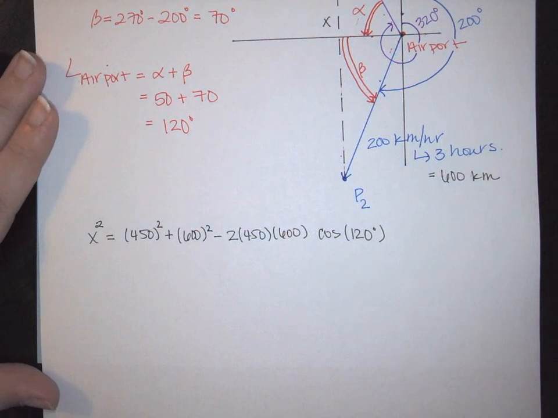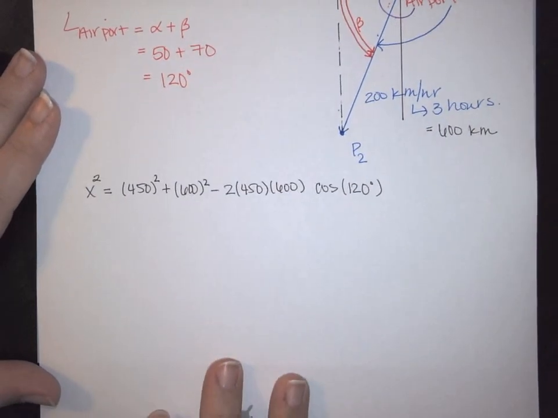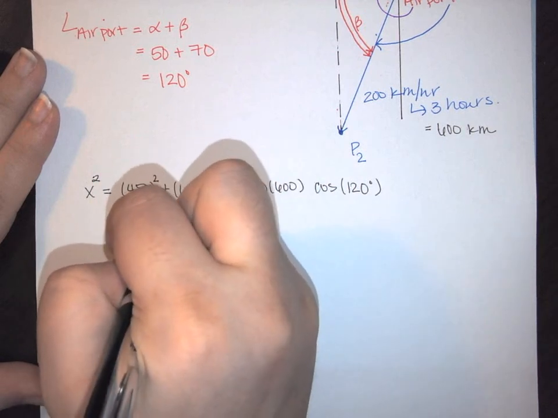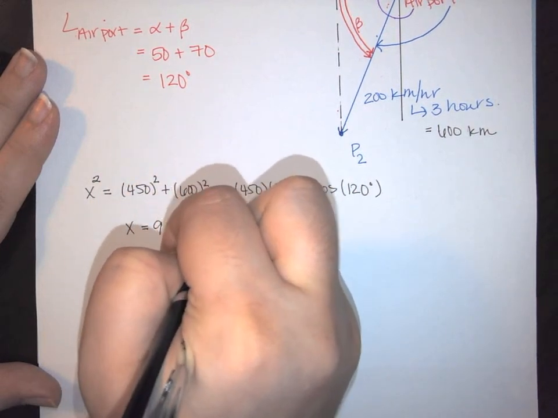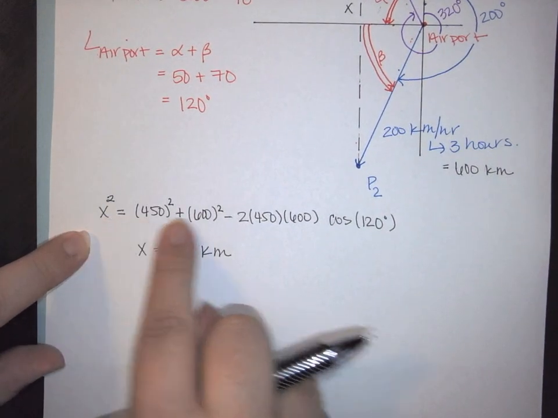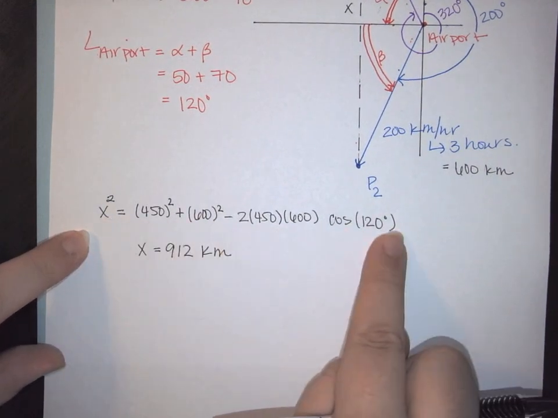You would use your graphing calculator, and you should come up with your distance being 912 kilometers. Do make sure at the end you remember to take the square root of all of that in order to find your actual distance.